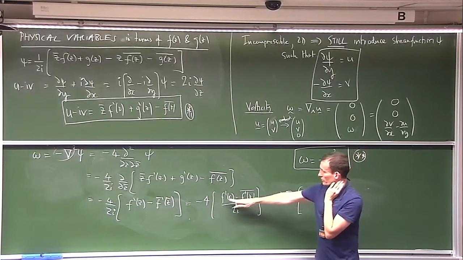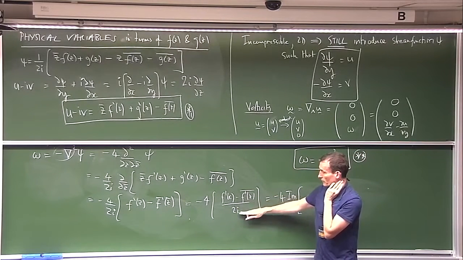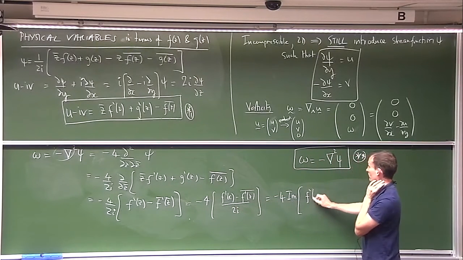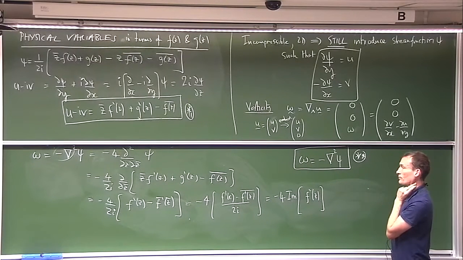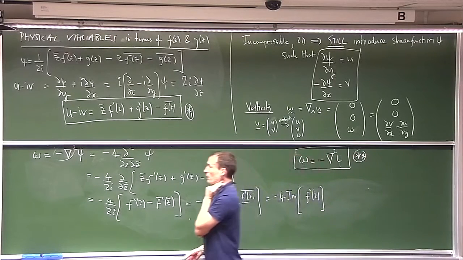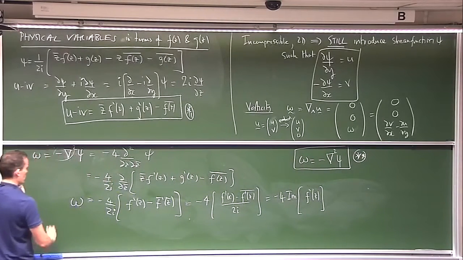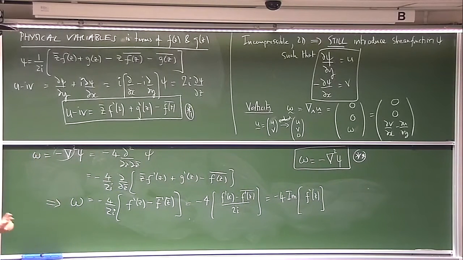You notice that this is just f prime minus its conjugate divided by 2i, which is the imaginary part. Okay. So omega is minus the imaginary part of f prime, times 4.